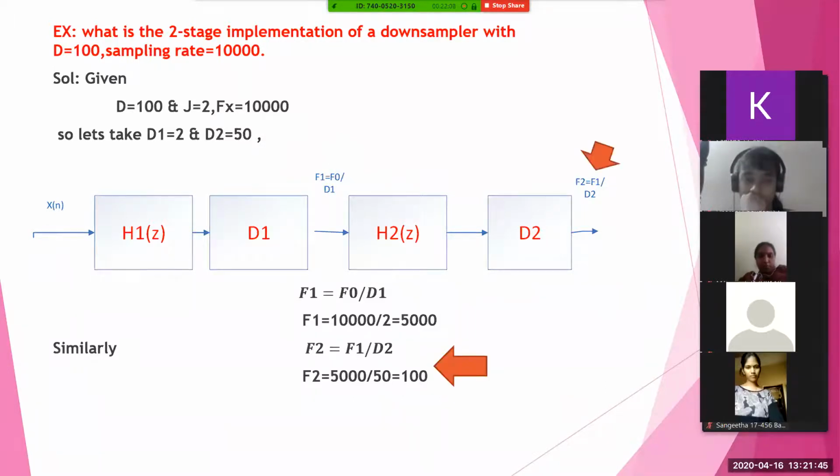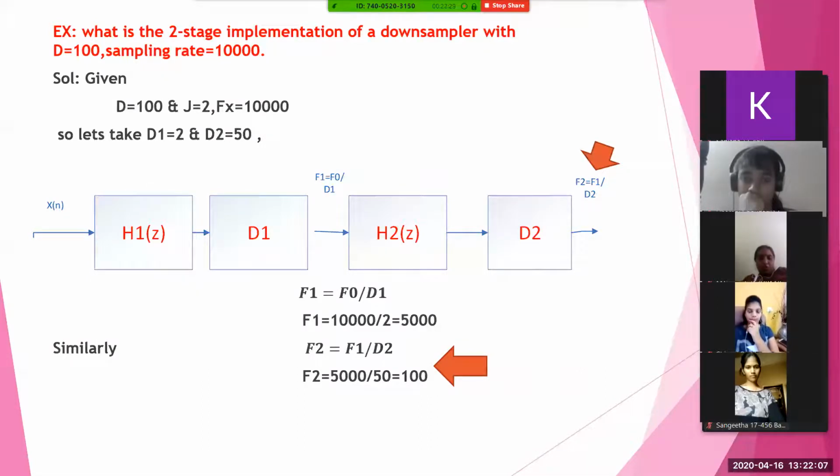And here you can see this 5,000 we are feeding to the next stage. For the next stage, what is the D2 factor? D1 was 2, D2 is 50. So again the sampling rate will reduce by a factor of 50.